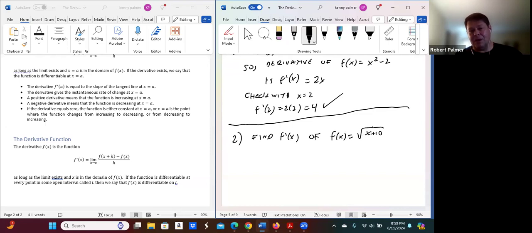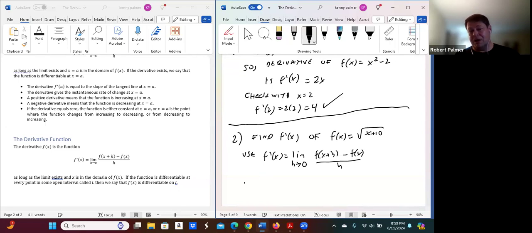Okay. So once again, we're going to use the same rule, f prime of x, with the same limit. Technically, you can also use the other limit, the one that looks more like the slope, but this one is often easier to use in these cases. So f of x plus h minus f of x over h.